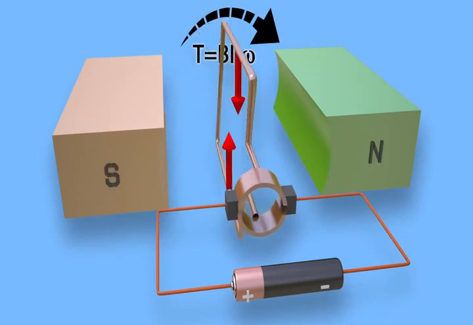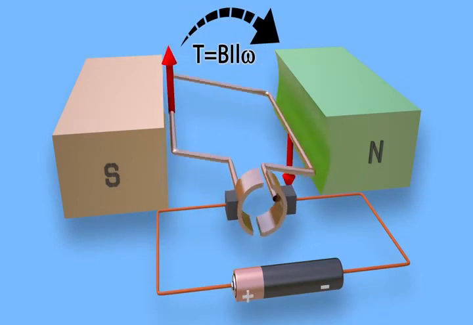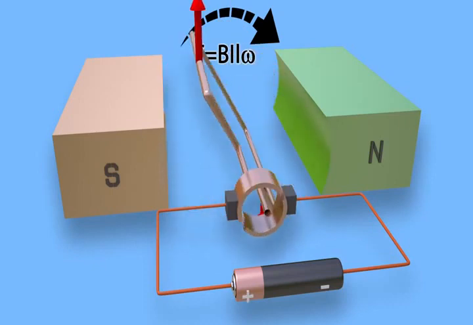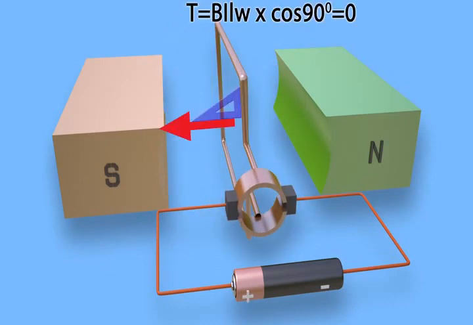Due to these upward and downward forces on the turn, a torque is produced and the turn rotates in a clockwise direction as shown. After rotation, the turn comes to a vertical position with respect to the magnetic field.